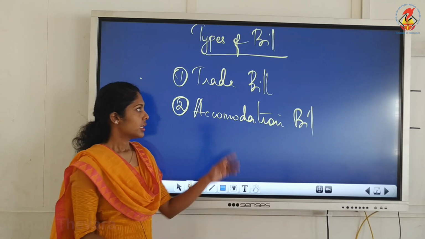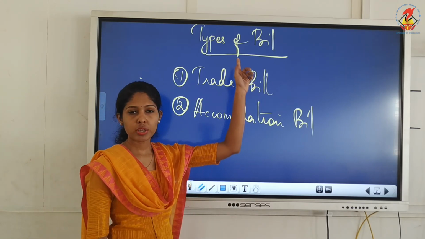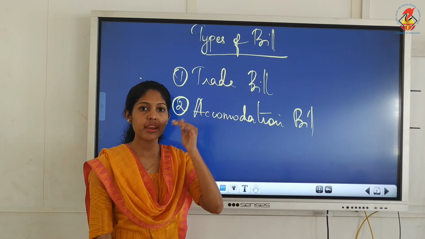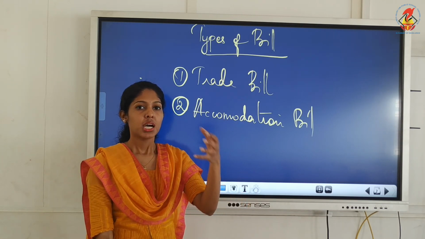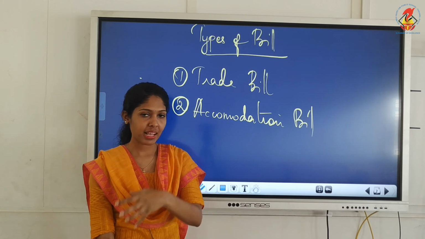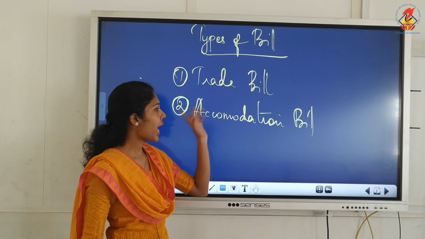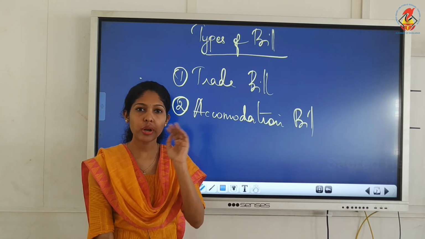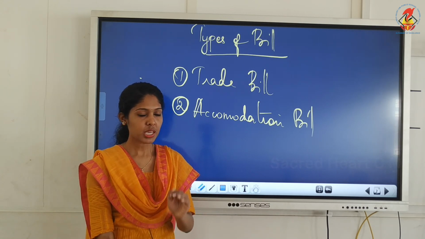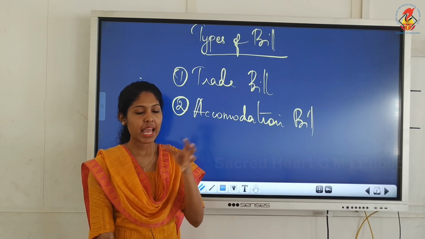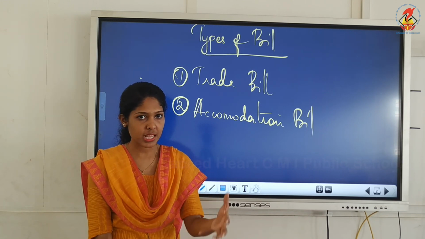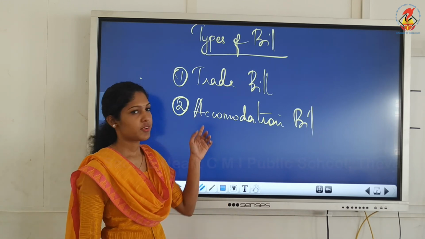Okay, trade bill means, that is what we discussed just now. When there is a credit transaction, a bill which is drawn and accepted between the drawer and drawee is called as trade bill. That means it is for a trade transaction. Okay, bill which is drawn and accepted for a trade transaction is known as trade bill.